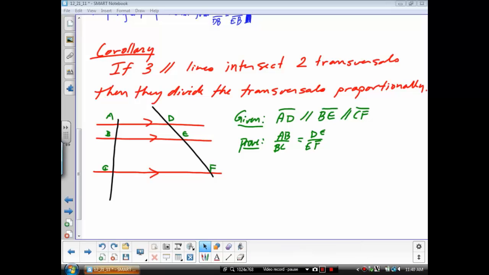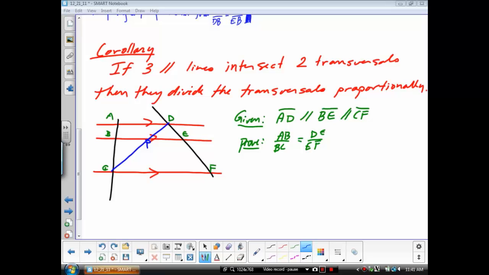And the reason why it's true is because I can draw a segment, say from C to D. That gives us two triangles. We'll call this new point P, where that segment intersects line BE.